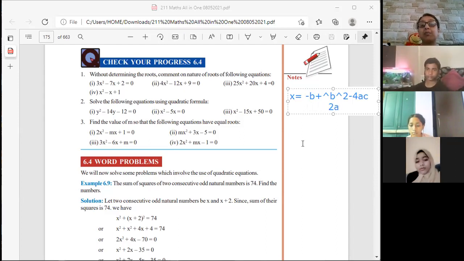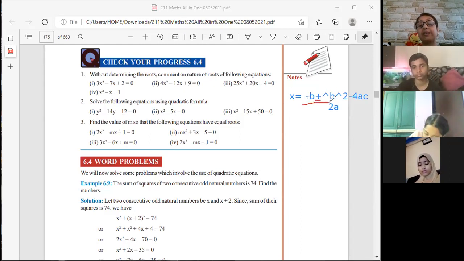I'll just put this properly. It has to be plus or minus. We should have one line here, and we should put this also in a line. That means it will come like this. Am I correct?